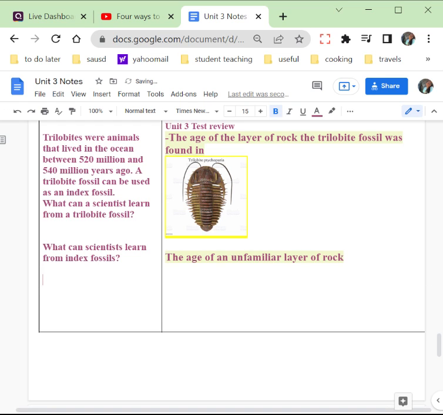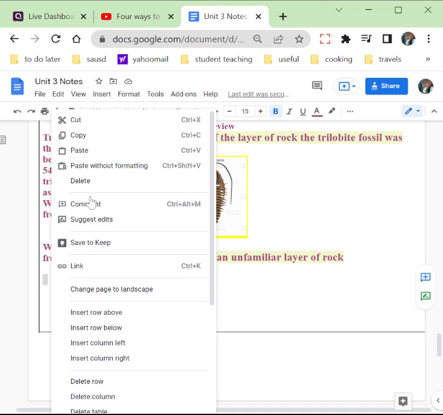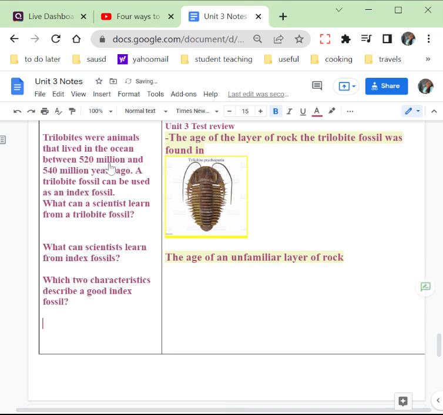So what makes the scientists choose which fossils to make an index fossil? So there are two characteristics that make something a good index fossil. So one is that there's an unusual shape.